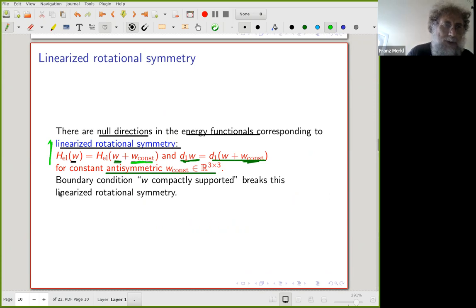So this boundary condition breaks this linearized rotational symmetry. So you don't see these null directions in the model anymore, because of the boundary conditions for our crystal.